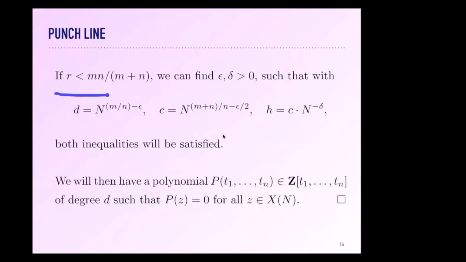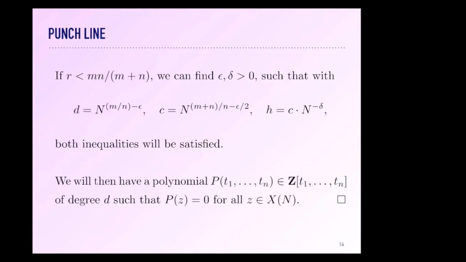So if r is less than mn over m plus n, we can find epsilon and delta greater than 0 such that all the inequalities in the previous slide are satisfied. Okay, and so that's the whole proof of Waldschmidt's theorem in this simplified p-adic setting. So I should say Waldschmidt proved his theorem in both the p-adic setting and the Archimedean setting, and the proof is along the lines of what I just described.